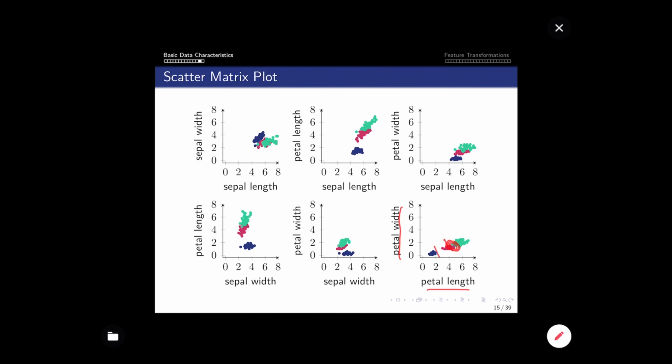And a thing you can also see is that this blue class here is in all views usually better separable than, for example, the green and the red class. So you can take already from this that it might be more difficult to separate red and green than blue.